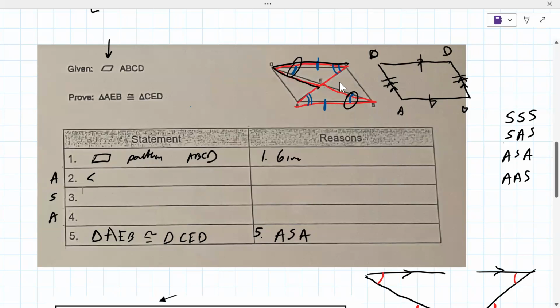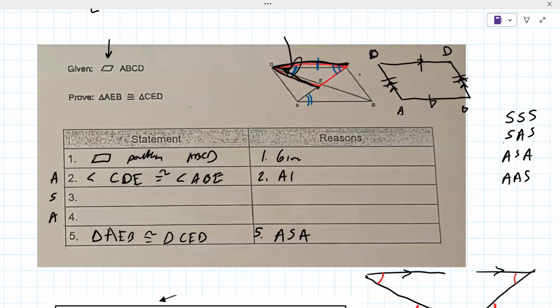So DDE is this one right there. What's the path? D to D to E. Okay, I went the wrong way. Give me the path for this one. EBA. Those work, but you'd really want to go ABE to be consistent.